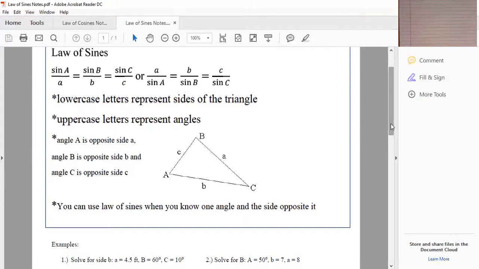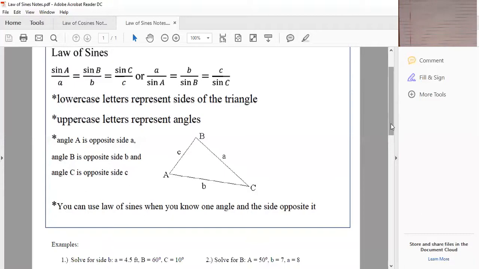So if you know one angle and the side opposite it, or basically if you know one full ratio, like if I know A, capital letter and lowercase, then I can fill in sine A over a. Then I can use the law of sines. If I don't know a complete ratio, if I don't know one angle and the side across from it, then I cannot use the law of sines. I'll have to use the law of cosines, which is the next video.